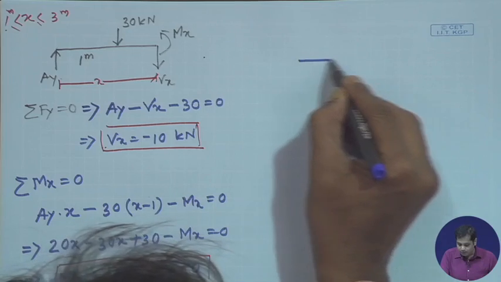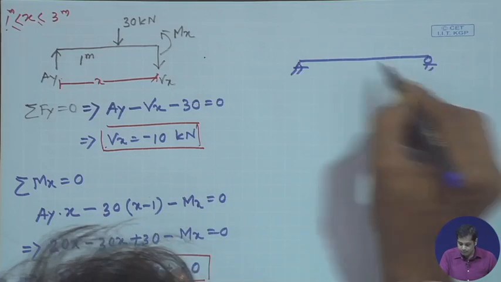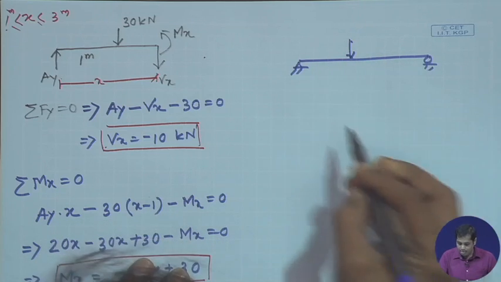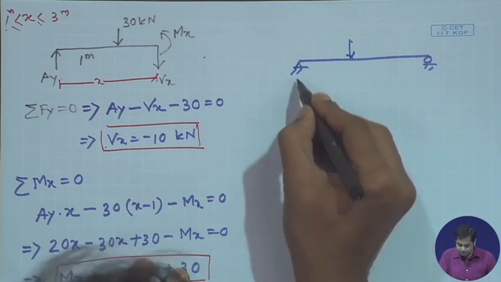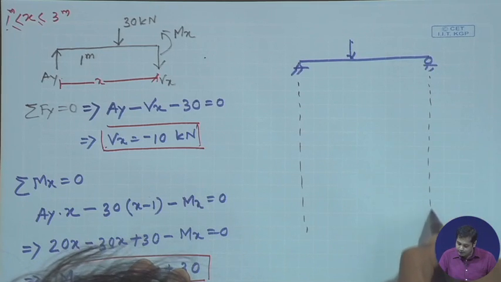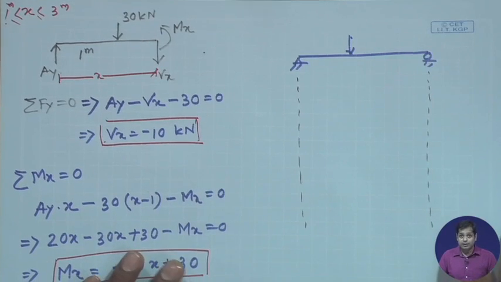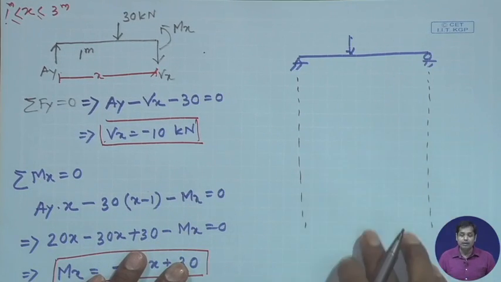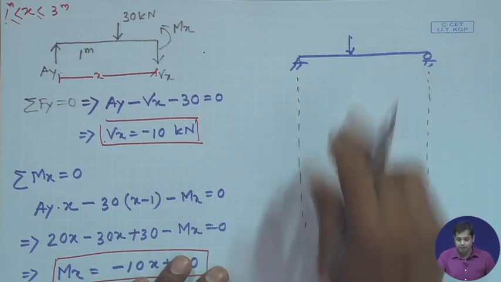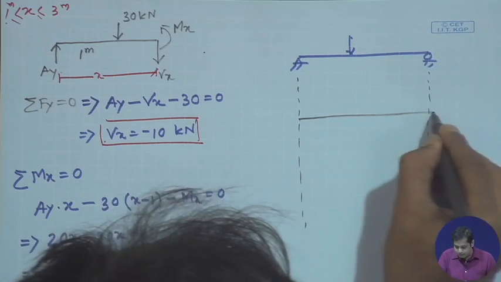So, this was the problem. It is always good practice to draw the bending moment and shear force diagram just below the structure, so you can relate bending moment and shear force to the structure. First, draw the shear force diagram.